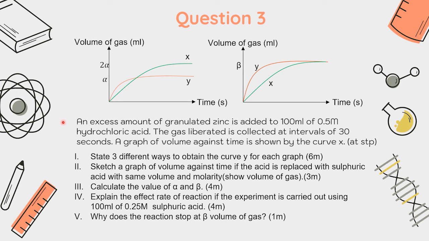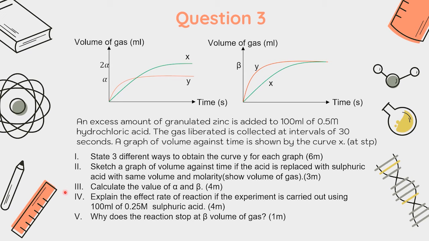Now we have to state 3 different ways to obtain the curve y for each graph. Then sketch a graph of the volume against time if the acid is replaced with sulfuric acid with the same volume and molarity. And then we need to show the volume of gas.